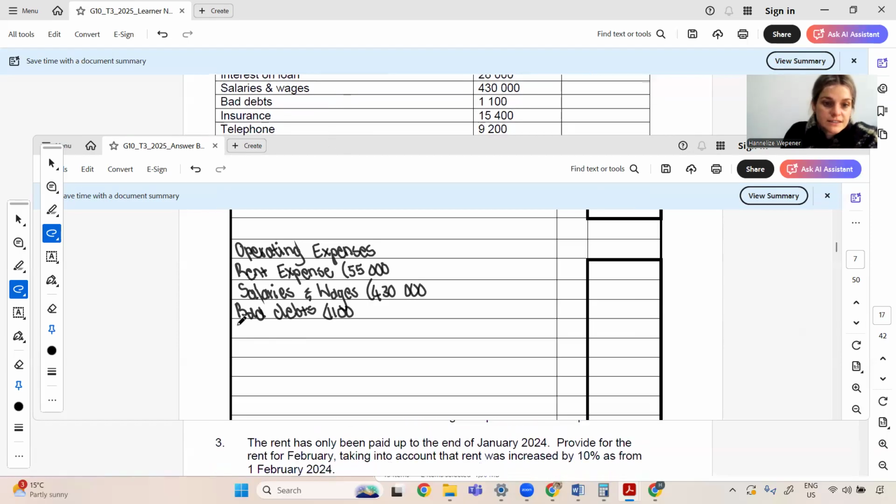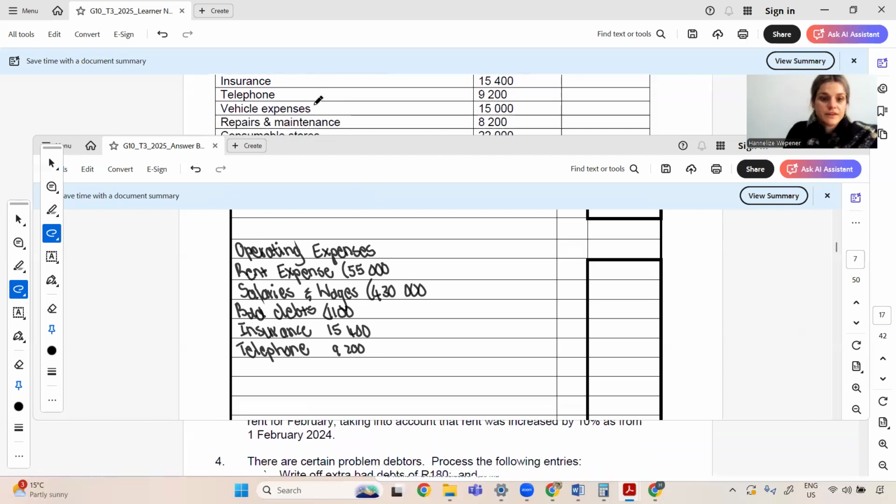Then you have insurance and telephone. Insurance starting on 15,400 and your telephone on 9,200.